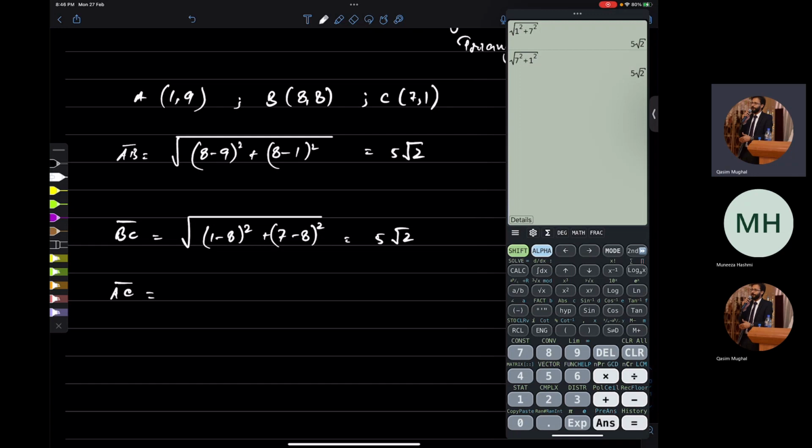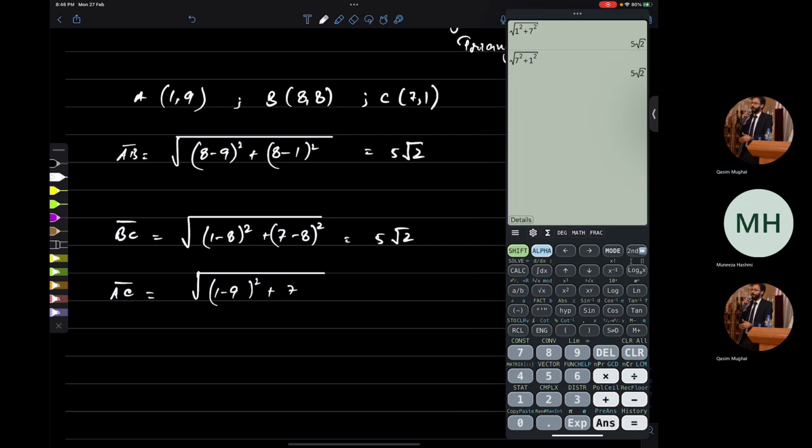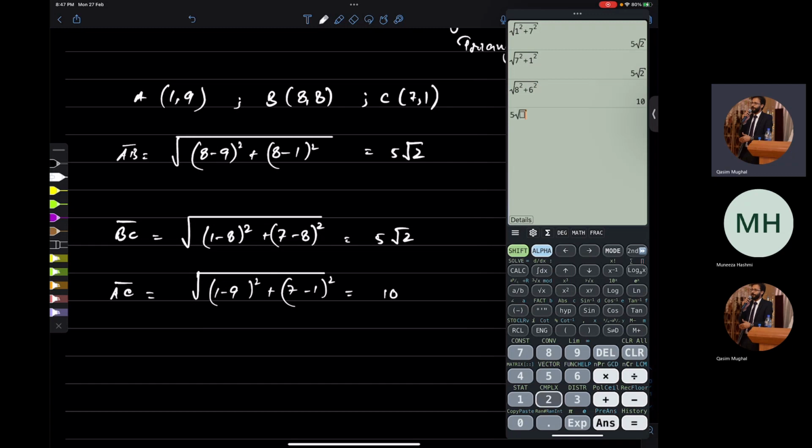AC is going to be root of 1 minus 9 whole squared plus 7 minus 1 whole squared, which is 8 squared plus 6 squared, and that is actually equal to 10.